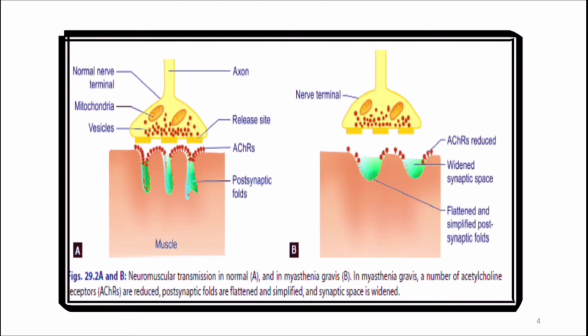Figure B shows the myasthenia gravis condition, where you can see a decrease in the number of acetylcholine receptors and a widened synaptic space with flattened and simplified postsynaptic folds. So you can see the difference between the normal and myasthenia gravis. The highlighted features of the pathophysiology are the decrease in acetylcholine receptors, the widened synaptic space, and flattened and simplified postsynaptic folds.